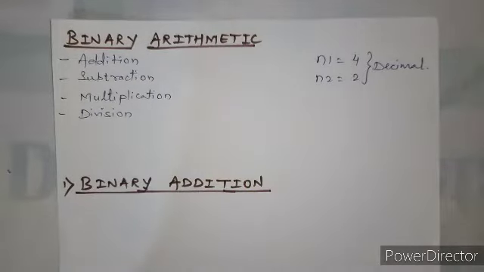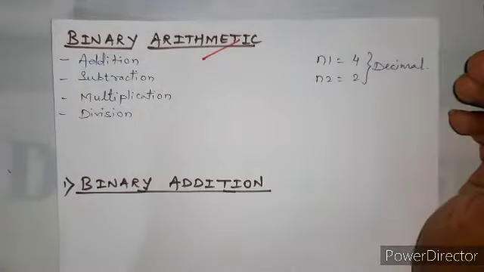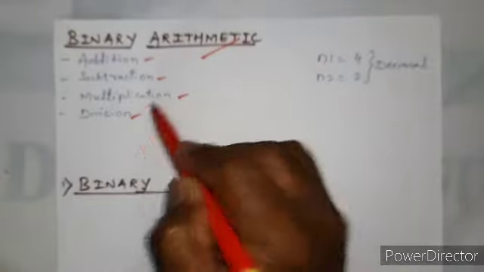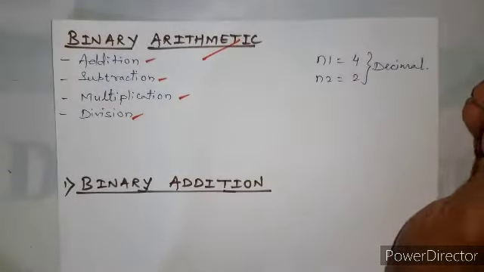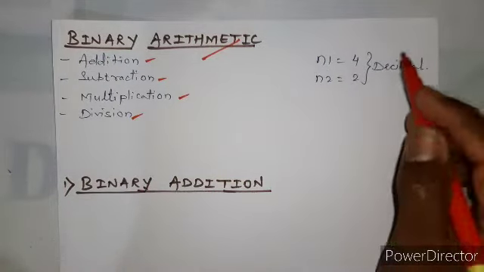Now we are moving to our next point, that is binary arithmetic. This point is also very interesting, and right now you might be familiar with the term arithmetic. Arithmetic means all those operations, addition, subtraction, multiplication, division, performed on numbers.